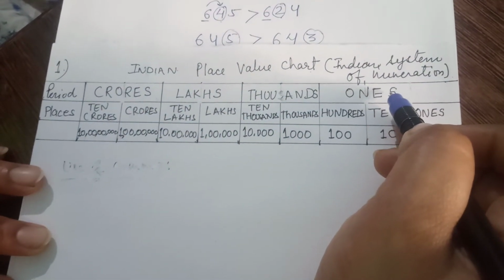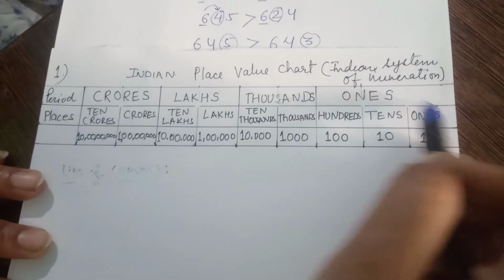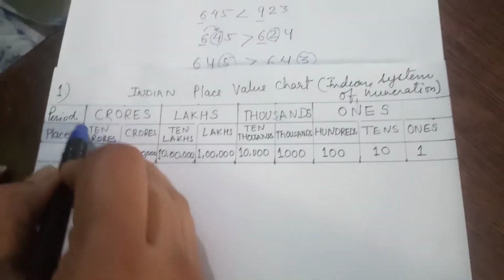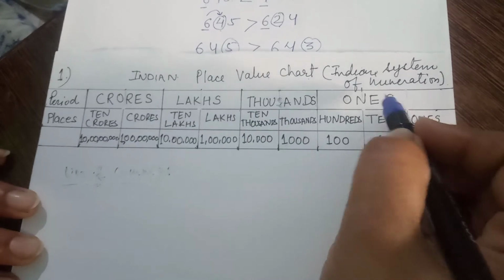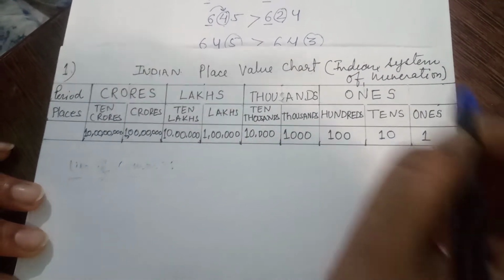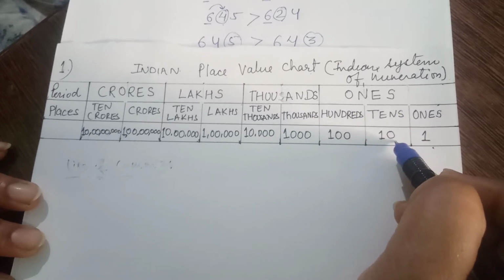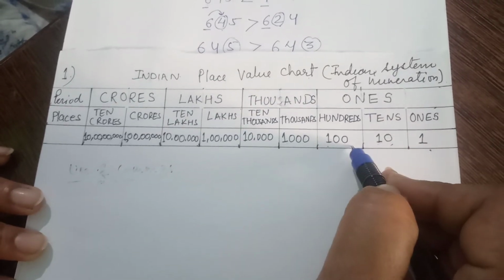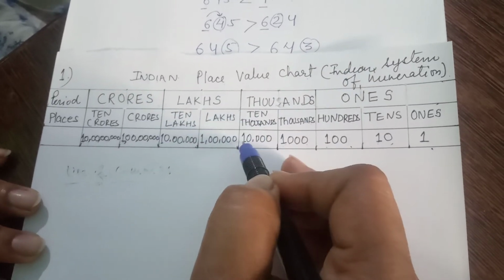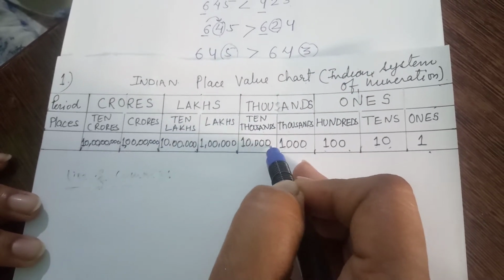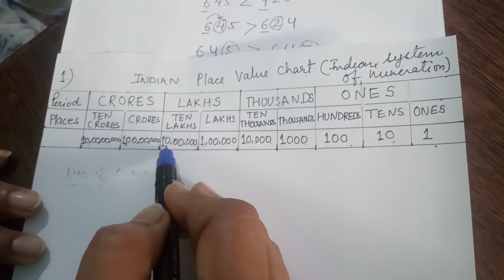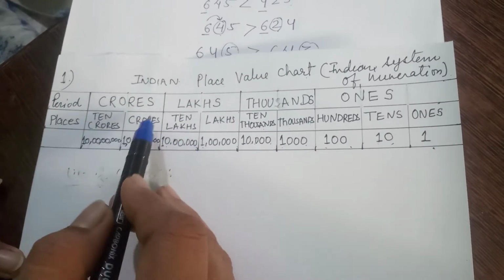In this place value chart, the first period will be ones, second thousands, third lakhs, fourth crores. Ones will represent the first unit digit. Tens, 10, hundreds, 100, thousands, 1000, 10,000, lakh, 1 and 5 zeros, 10 lakh, 10 and then 5 zeros, crore.